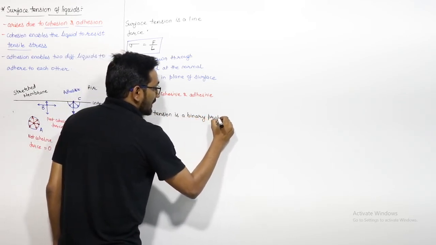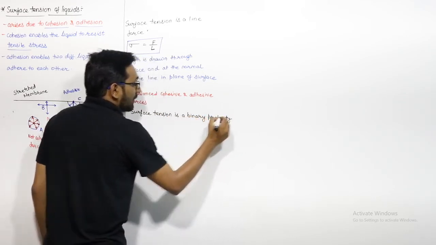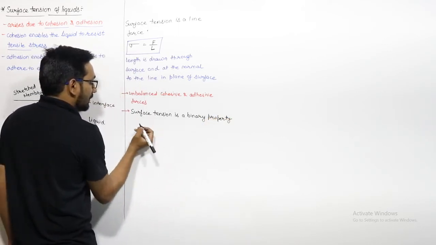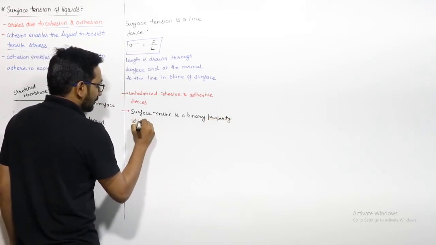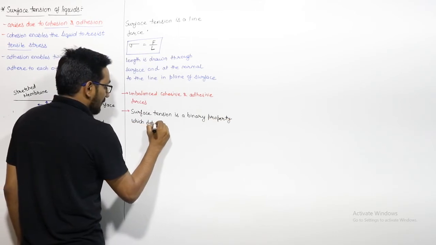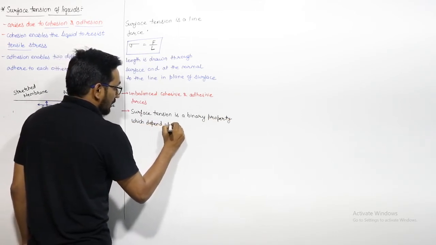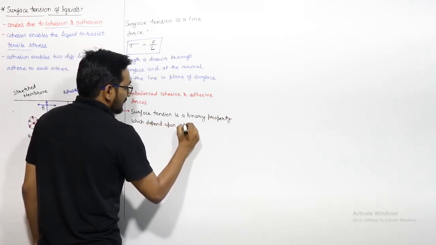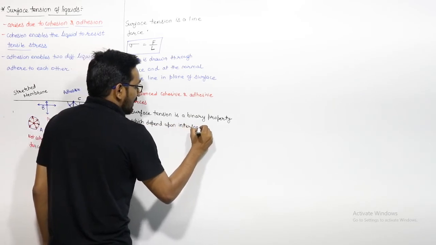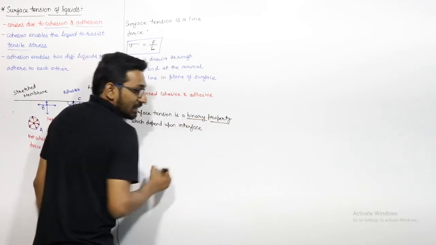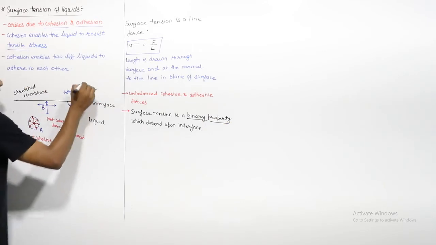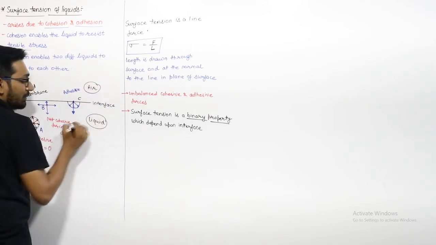Surface tension is a binary property which depends upon the interface, right? Surface tension will depend upon both air and liquid.